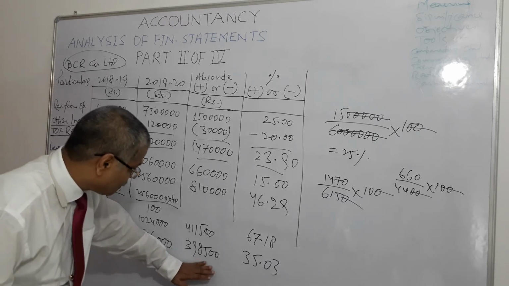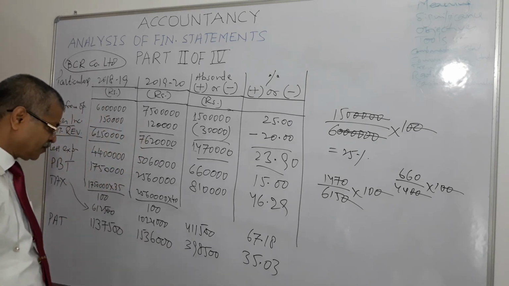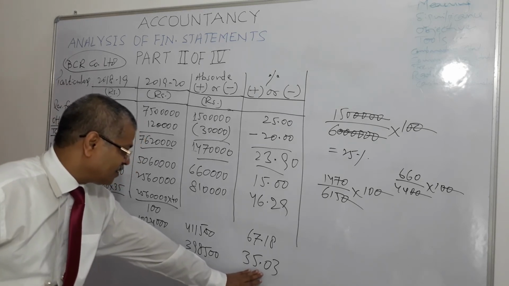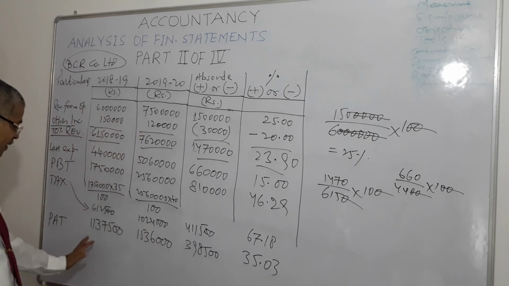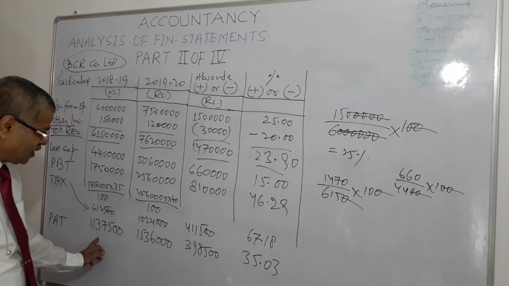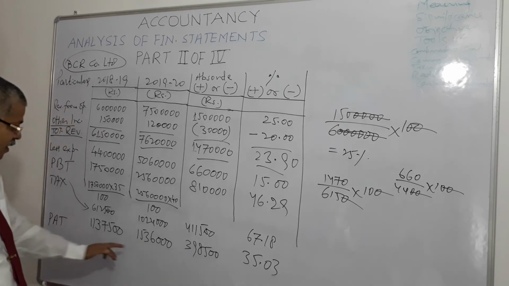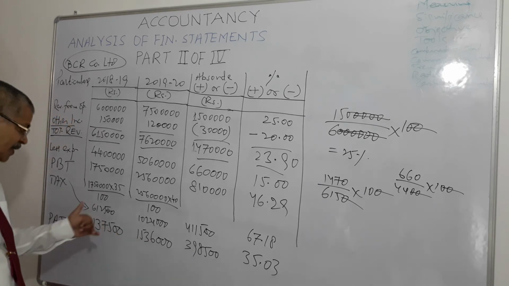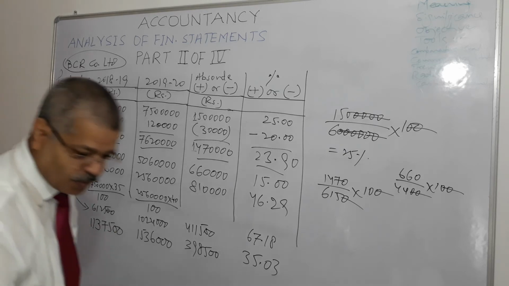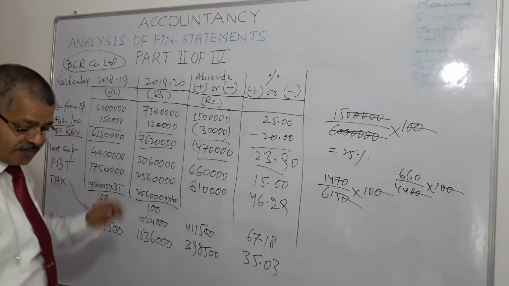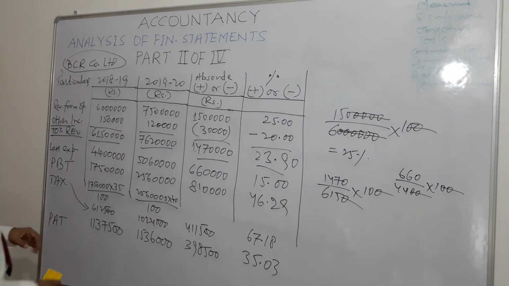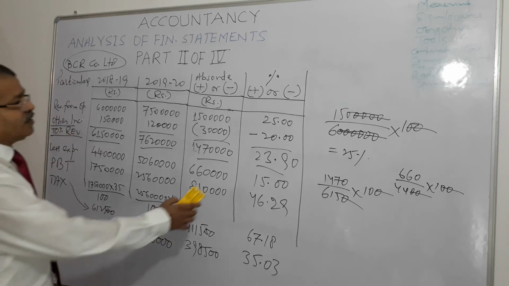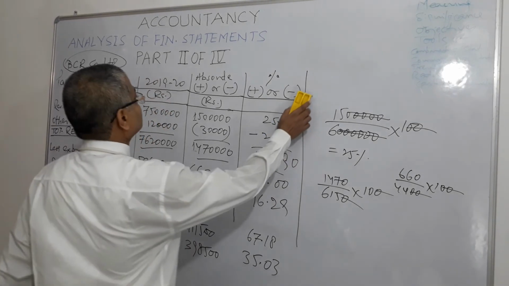There is an absolute increase of 3,98,500, which results in a percentage increase of 35.03%. Means PAT has increased by 35.03% in 19-20 over 18-19. So from this statement, what do we get? We get the comparative statement of BCR Company Limited, profit and loss statement for 2 years, right?